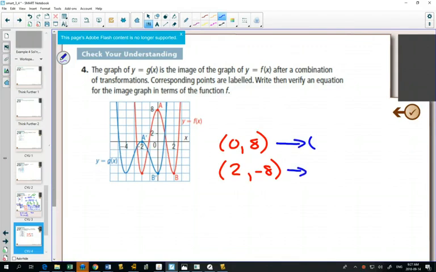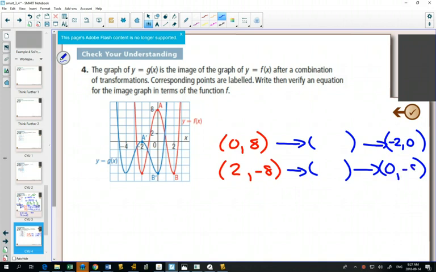And now more than one thing can happen, and the point 0, 8 ends up at -2, 0, and 2, -8 ends up at 0, -8.